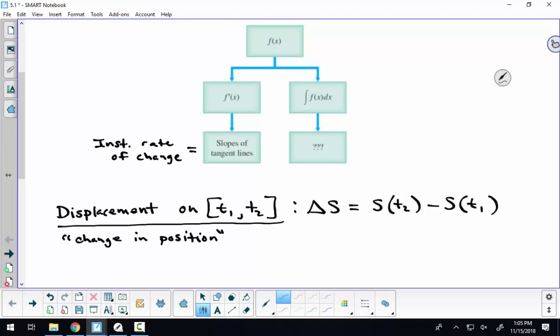And chapter 5 is really where we're developing interpretations of what an antiderivative does for us.